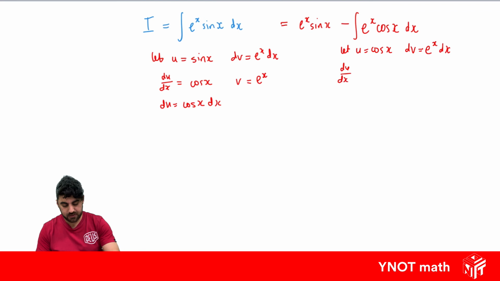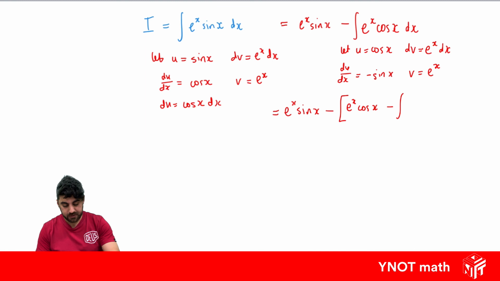So du/dx is going to be minus sin x, and v is going to equal e^x. Now we get the bit out the front, e^x sin x, minus, now all of this is u times v, so we get e^x cos x minus the integral of v du.